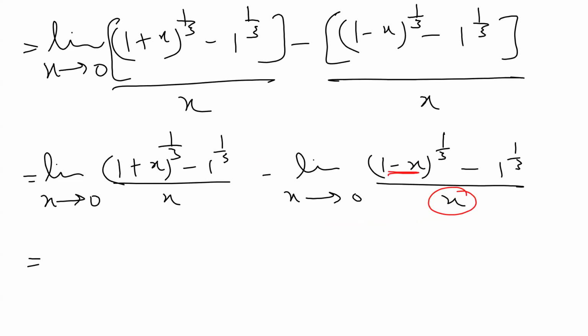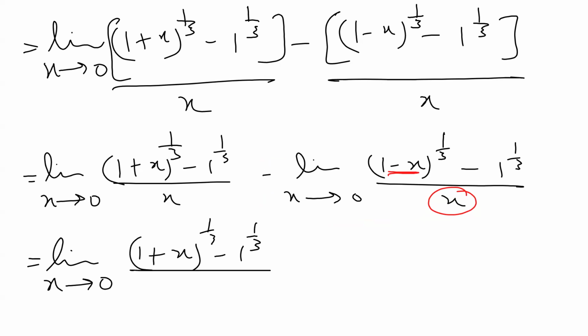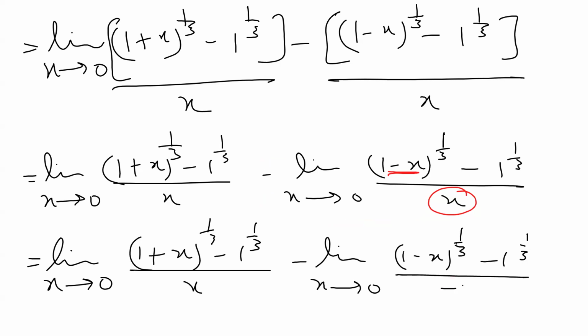So limit x approaching 0, upon x, upon minus x. Now this is 1 plus x, so I'm going to add 1 and subtract 1. And this is 1 minus x, so I'm going to add 1 and subtract 1.